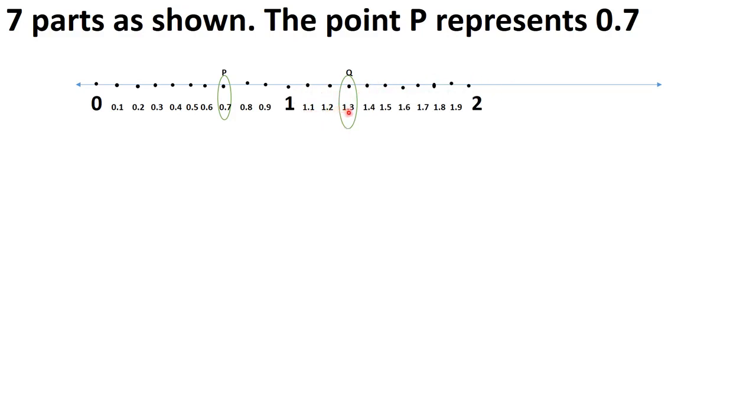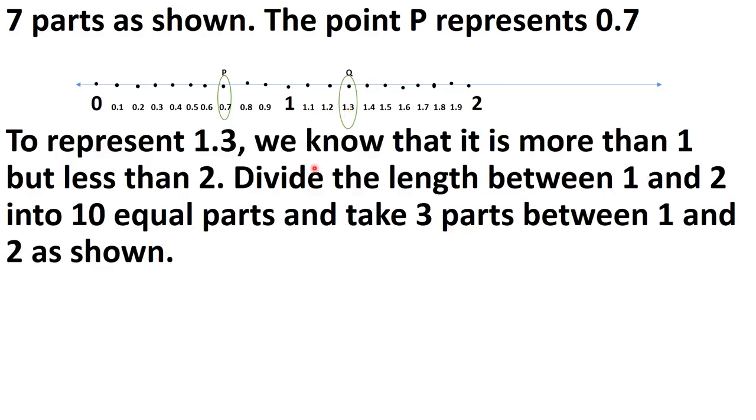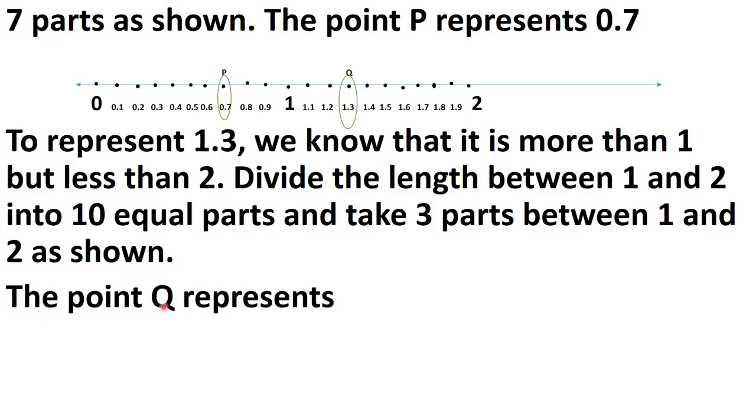Now here it is 1.3. Divide the length between 1 and 2 into 10 equal parts and take 3 parts between 1 and 2 as shown. The point Q represents 1.3.